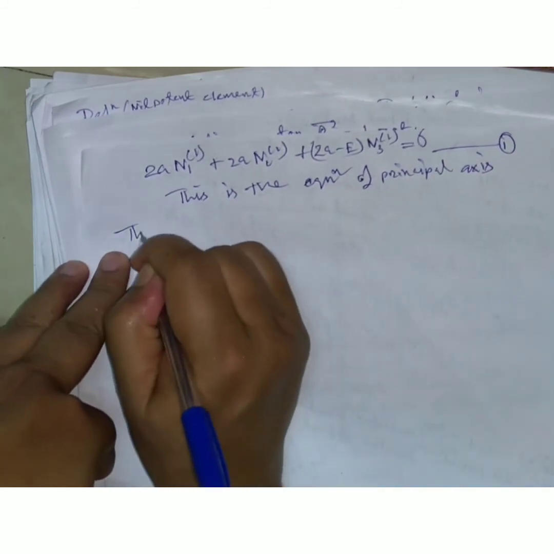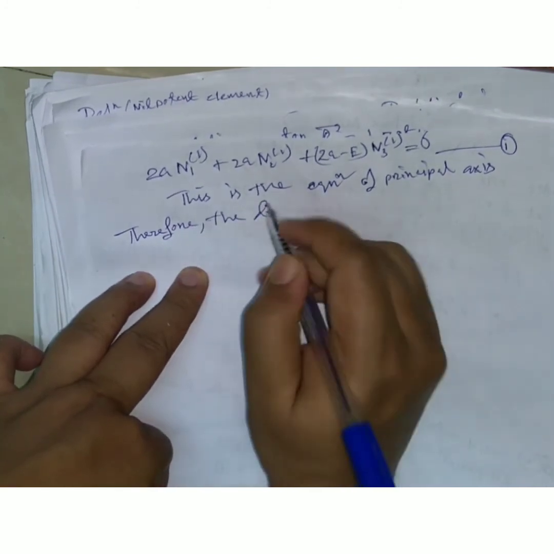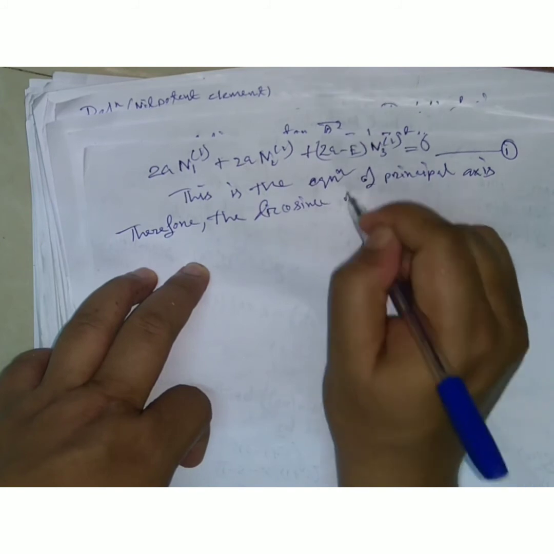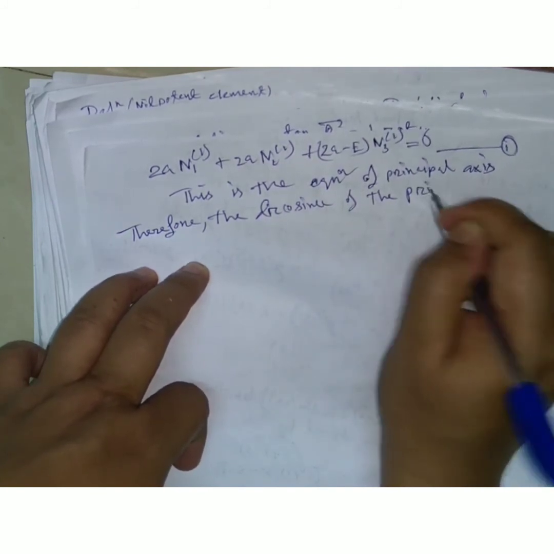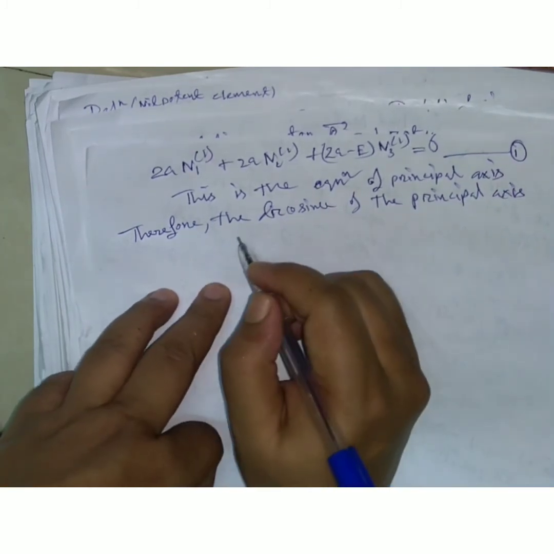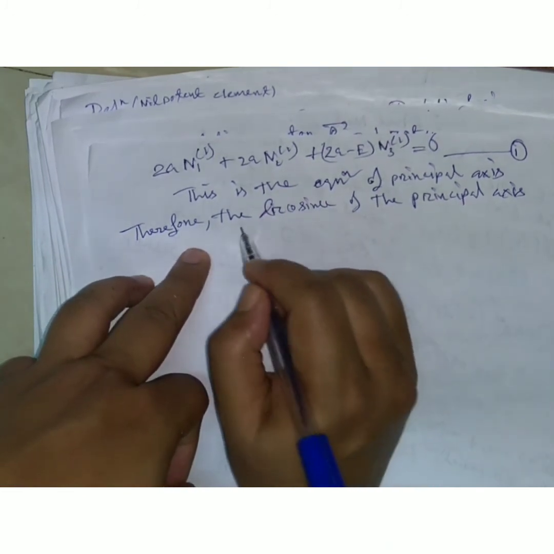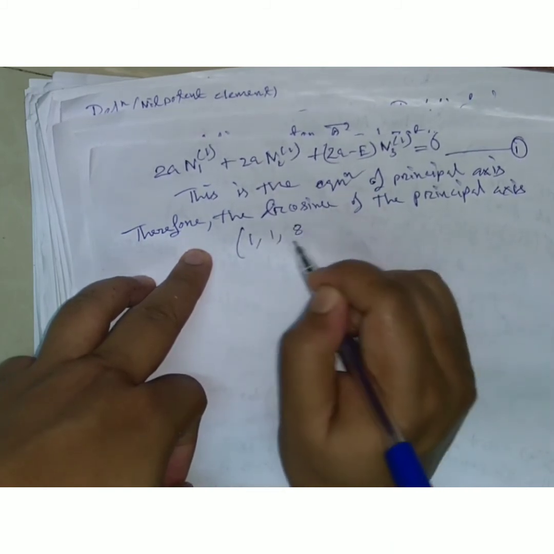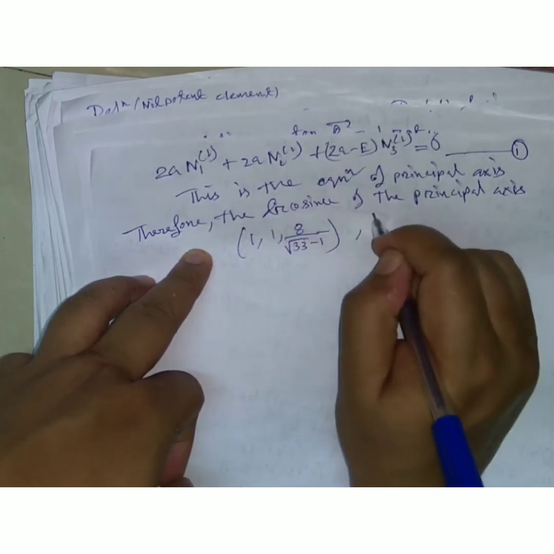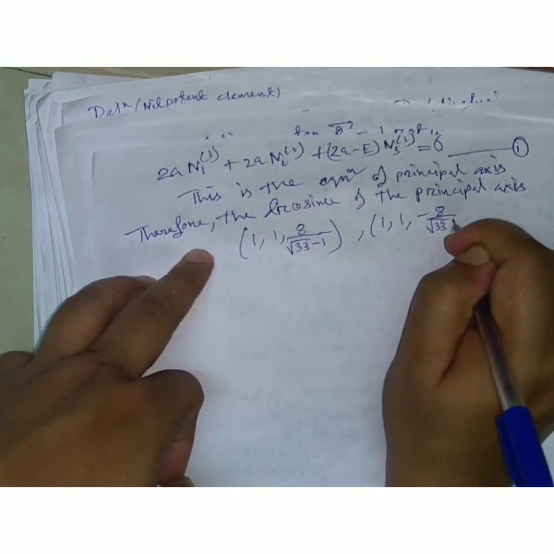Therefore the direction cosines of the principal axes are 1, 1 and 8 divided by root over 33 minus 1, and 1, 1 and minus 8 divided by root over 33 plus 1.